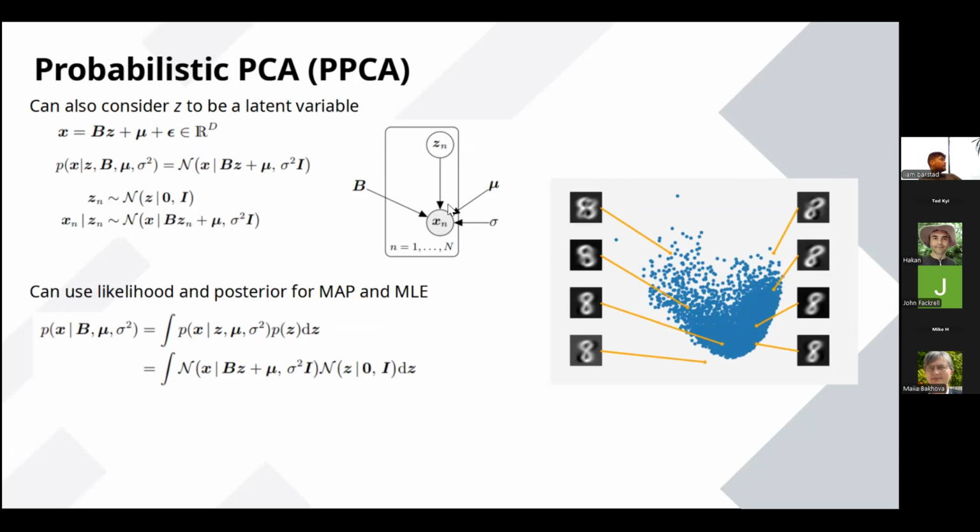And so they provided a nice little chart here, in which X is conditionally dependent on Z, and so are these basis vectors, as well as the mean and the standard deviation, something like that.